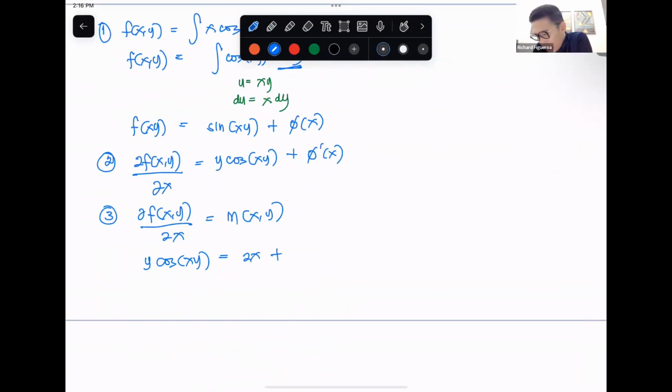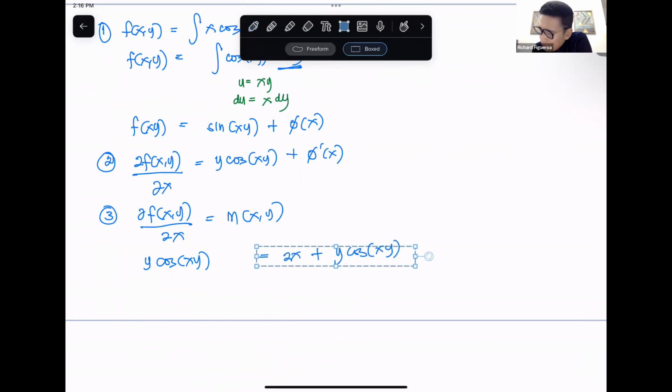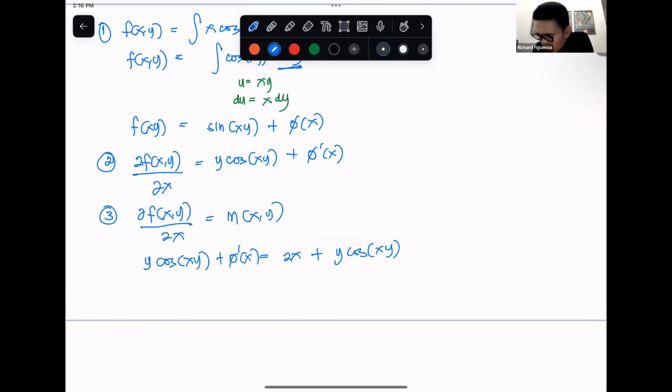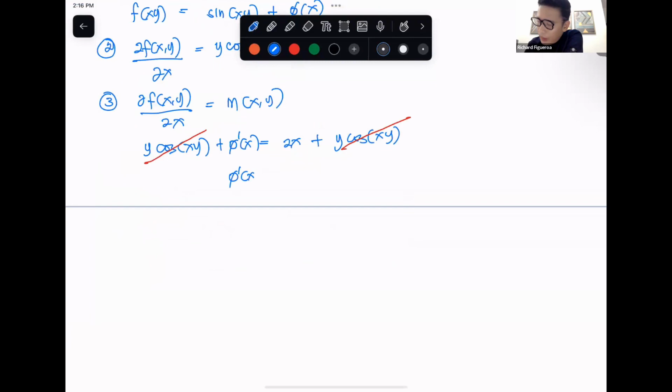May nakaligtaan na naman ako. So, plus p prime of x. So again, this one is cancelled out. P prime of x is equals to 2x.